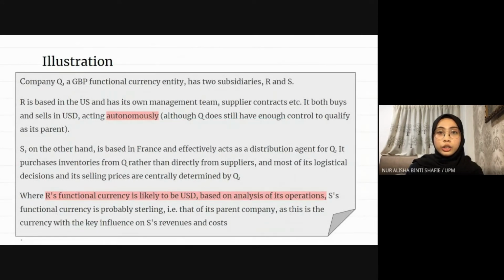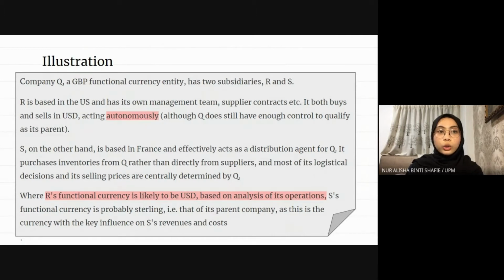Let's see this illustration together. Company Q has two subsidiaries which are R and S. R is based in the US and it has its own management team and supplier contacts. So its buying and selling process is in USD.